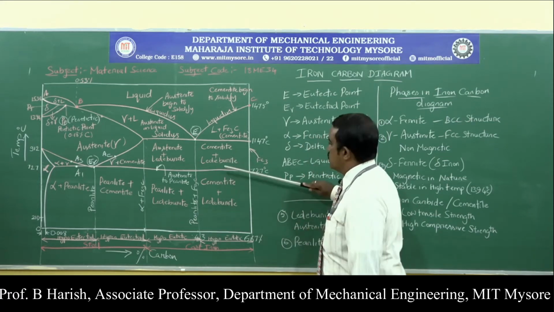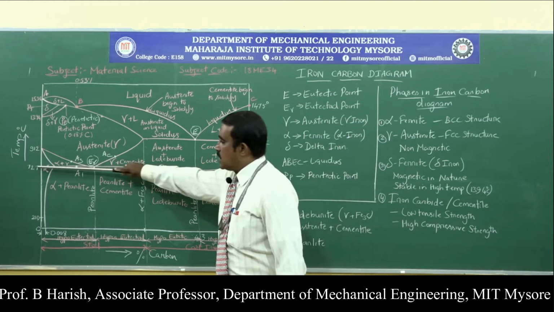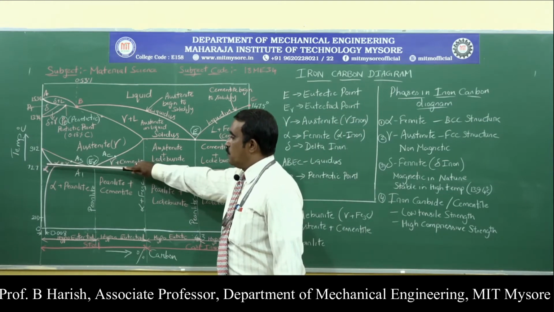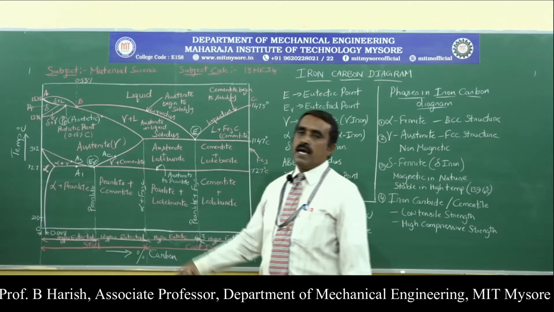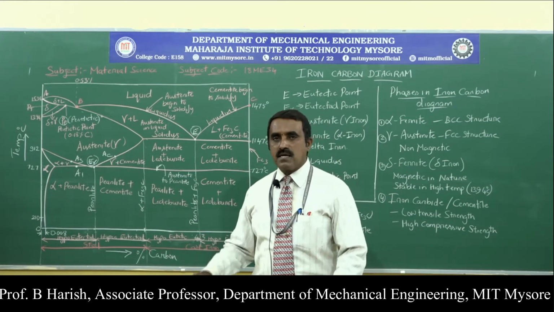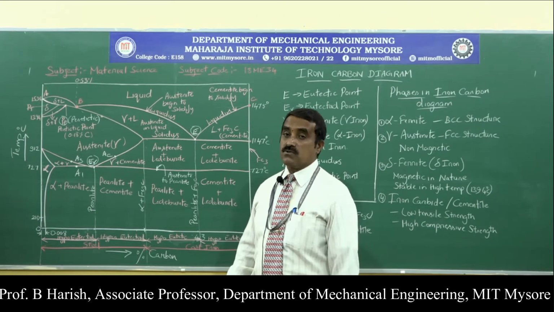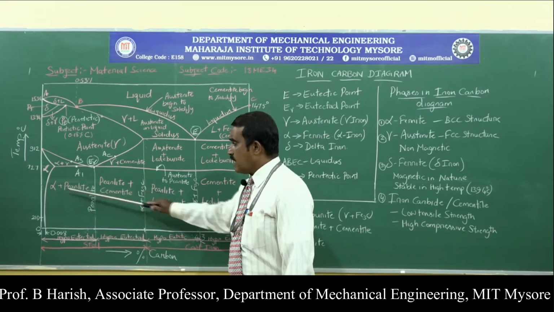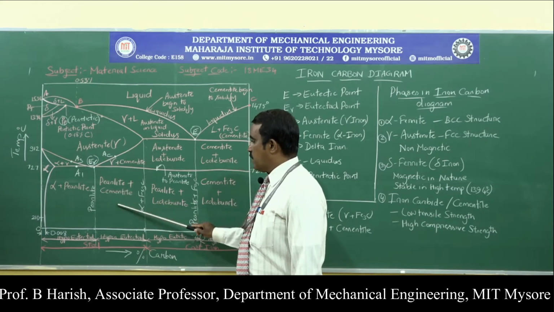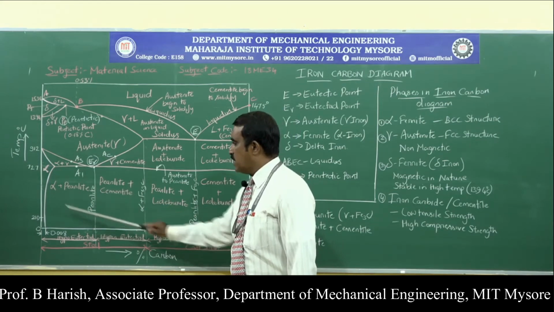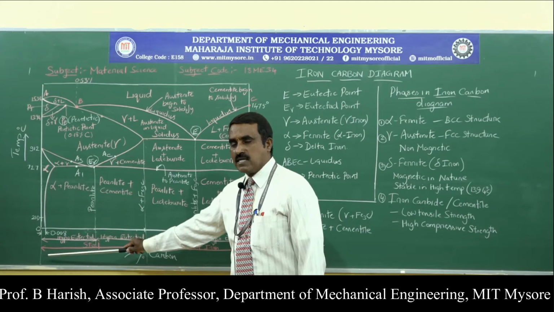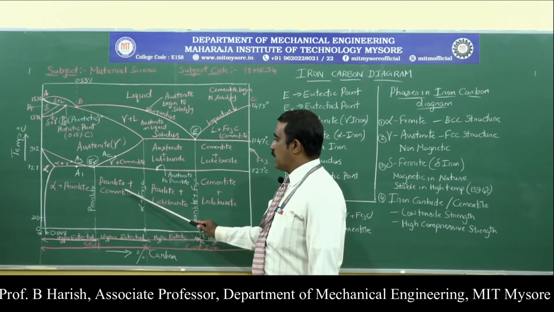Similarly, coming down, this is the region at 727 degrees where it will be in solid state. In solid state it changes into different forms: alpha plus pearlite, then pearlite plus cementite, up to this carbon content at a temperature below 727 degrees centigrade.